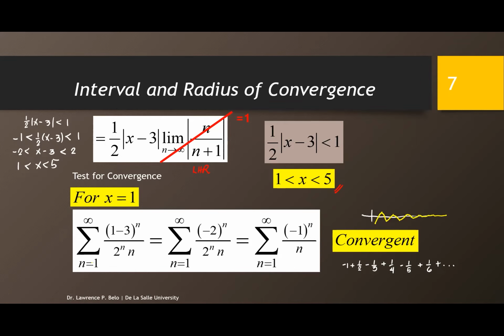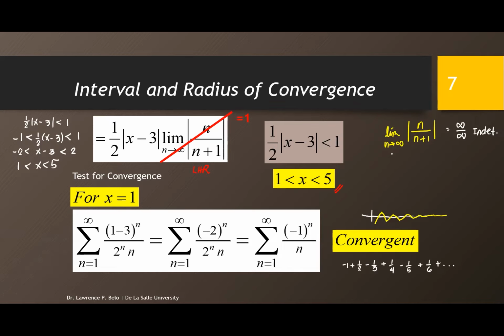Okay? So, the limit as n approaches infinity of n over n plus 1. Do you remember from your Calculus 1? Infinity over infinity. So, this is an indeterminate form.